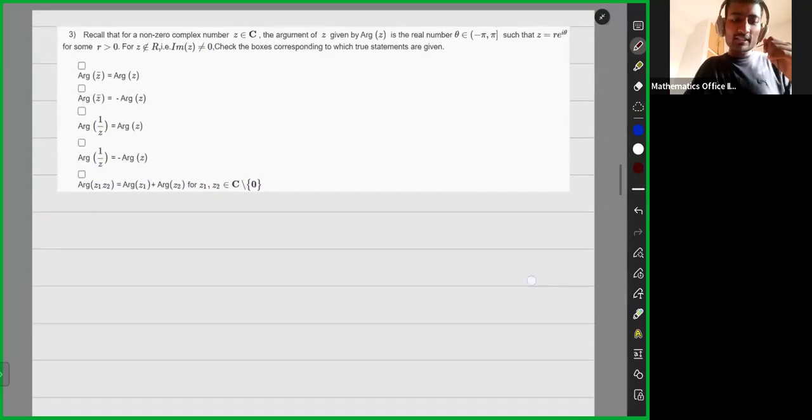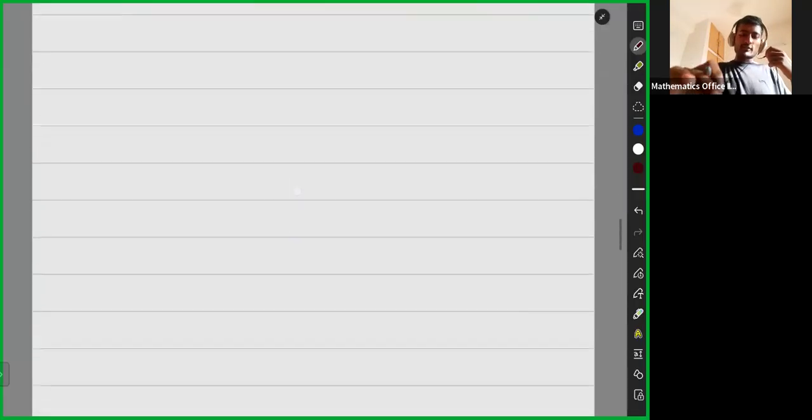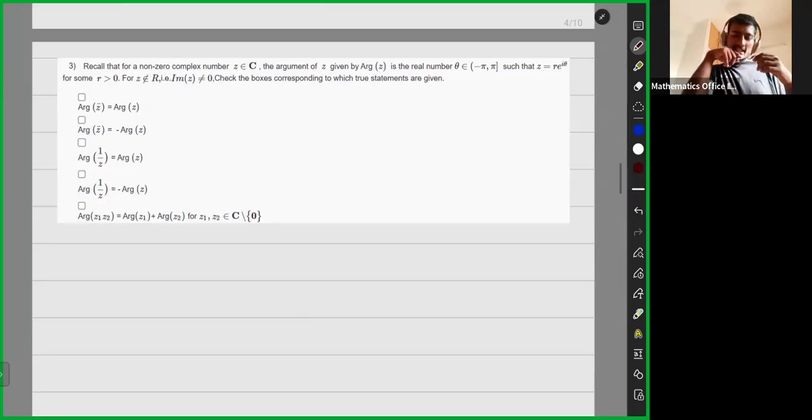Okay, so now we are in the third question, and almost 1 hour is over, and we have 2 or 3 more questions. Then you can ask other questions if you have. Recall that for a non-zero complex number z, argument of z is defined as theta inside the real numbers, and z is not a real number.